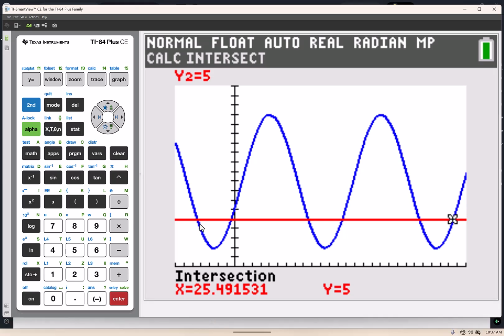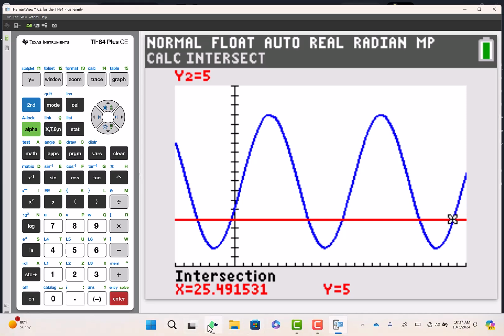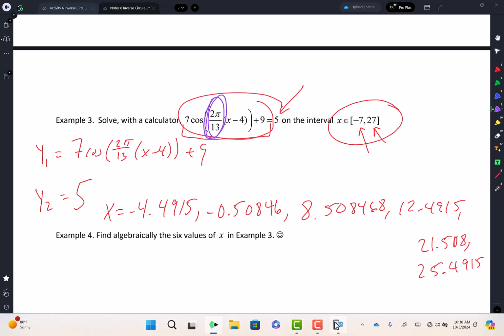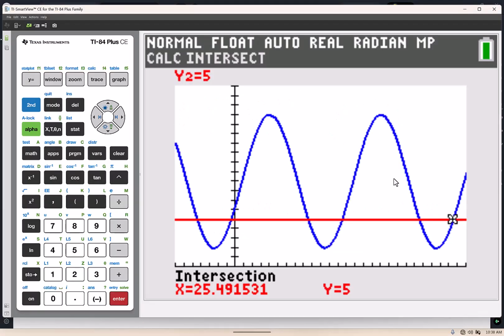What's the period? Okay, let's do some previous knowledge. Looking at this graph right here, you see that 2 pi, 7 cosine 2 pi over 13? Looking at the 2 pi over 13, can you tell me what the period of this graph is? Tell me what the period of this graph, the blue one.